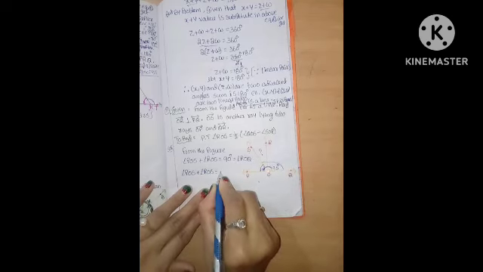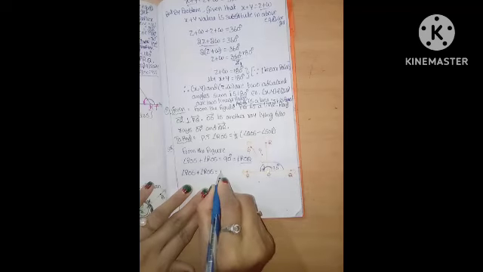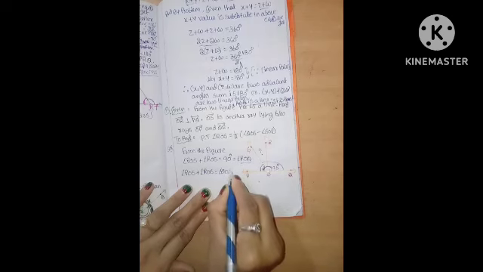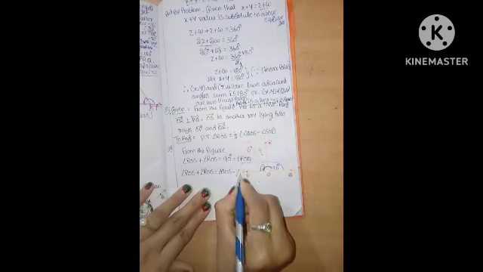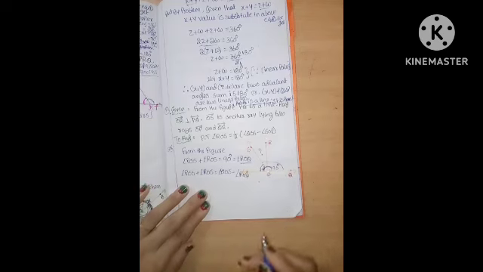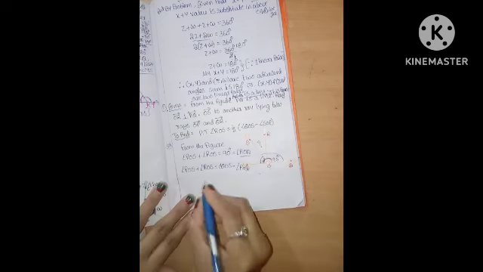Are you clear? ROQ can be written as angle QOS minus angle ROS.